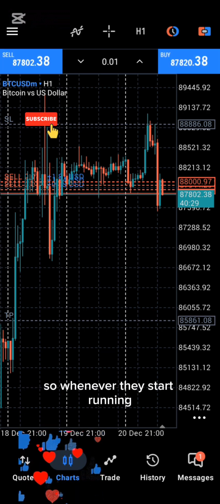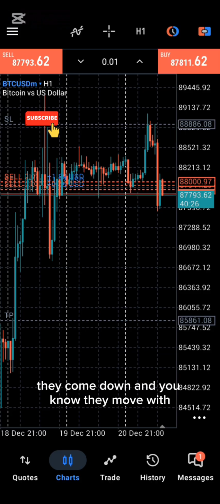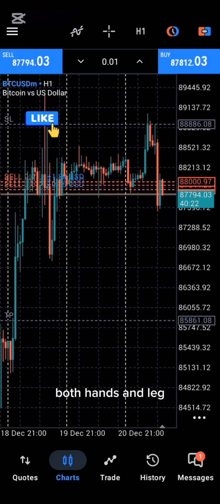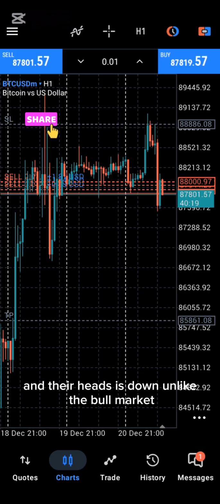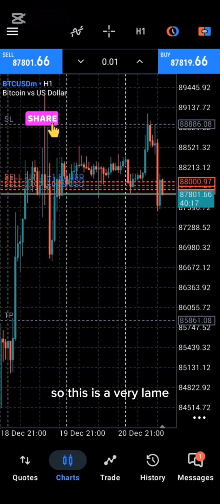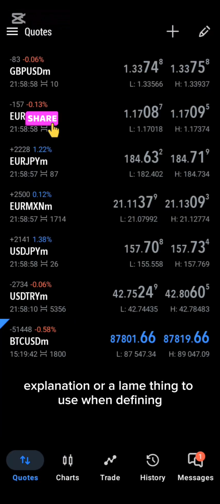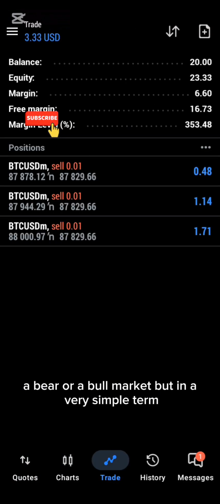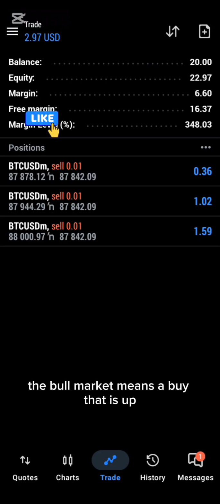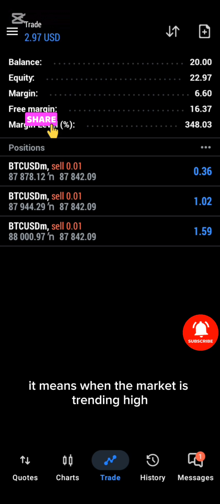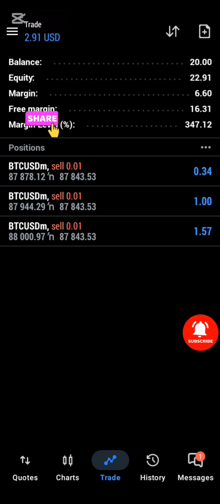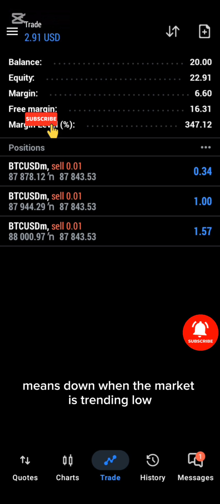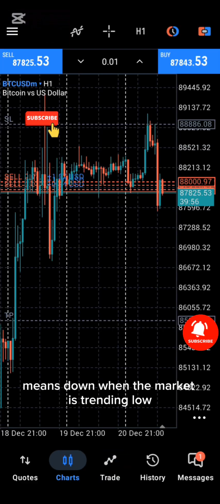Whenever they start running or moving fast, they come down and move with both hands and legs, with their head down, unlike the bull. This is a very lame explanation for defining the bear or bull market. In very simple terms, the bull market means buy, that is up, when the market is trending high, while the bear market means down, when the market is trending down.